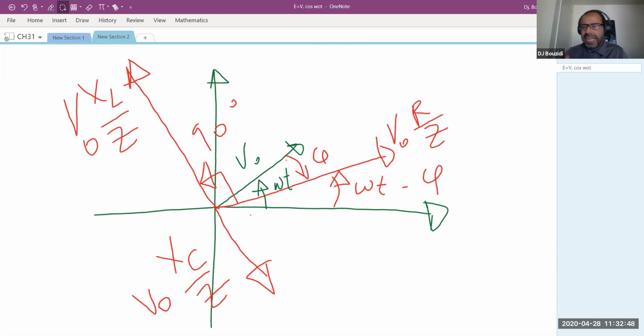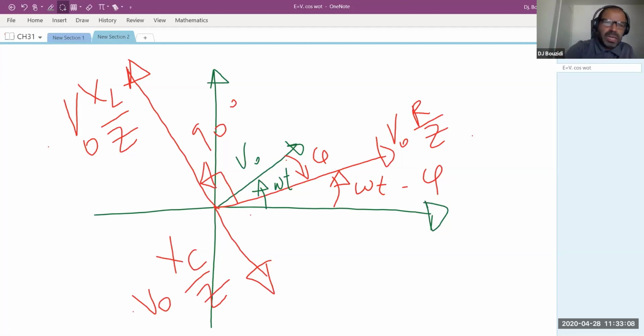So what we did in exercise 1 from the lab, actually, was add this signal to this signal to this signal, and we found it to be equal to this one. I know I drew it a little bit smaller. I should not. Probably it's a little bigger than that for V naught. But the point is just to see it pictorially, that's all, with this phasor thing. Do you guys understand?